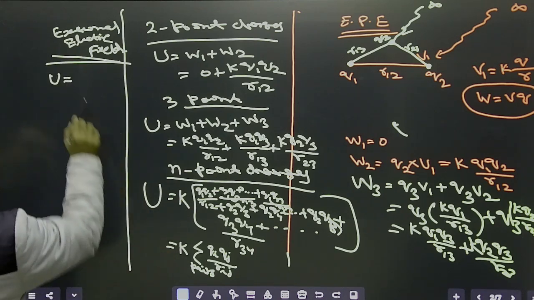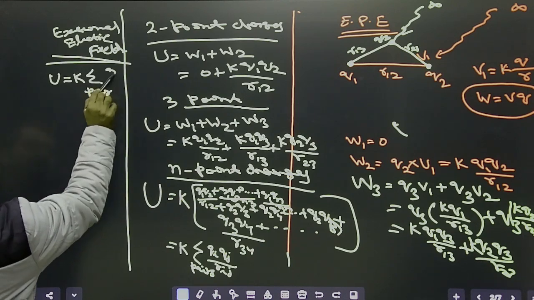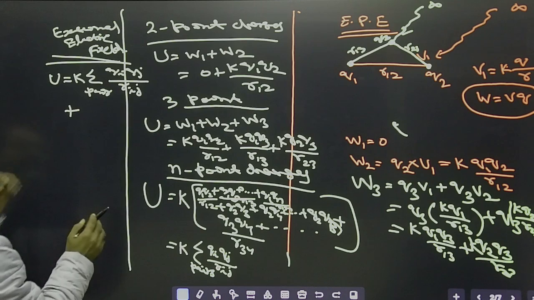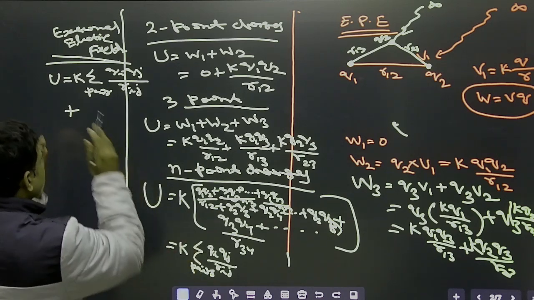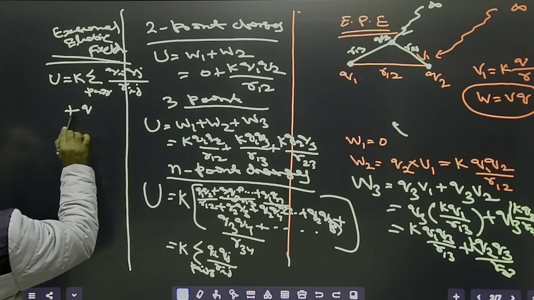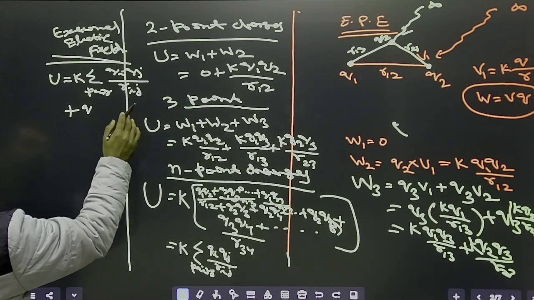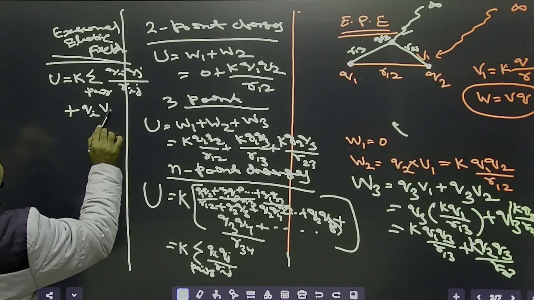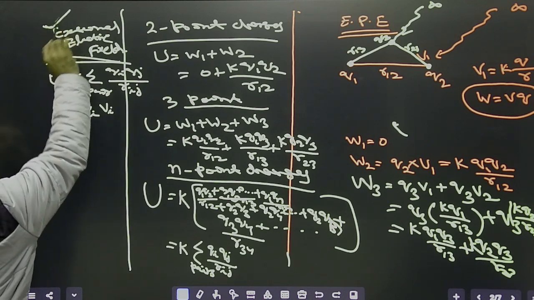The first term will be the same, in pairs: the sum of Qi Qj upon Rij, plus, in addition, you have to bring the respective charges into the electric field, where they will experience some forces. So the additional term will be Q1 V1, in the same manner Q2 V2, Q3 V3, Q4 V4, and so on. This will be the additional term in the presence of an external electric field.